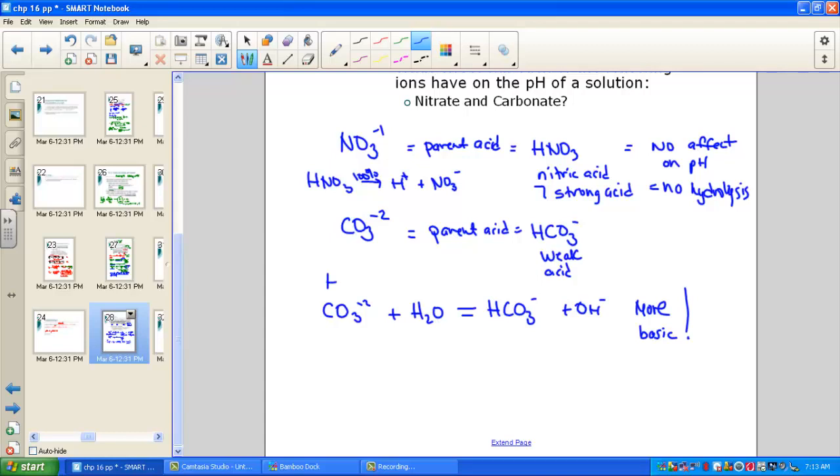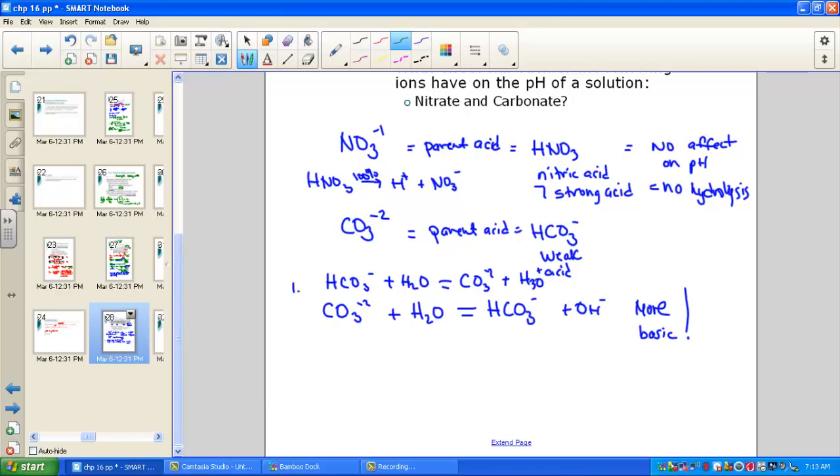Remember this carbonate? This was the initial ionization of the parent, the weak acid. So if we consider the initial ionization of the weak acid, HCO3 negative, in water, it gave us this carbonate and hydronium.